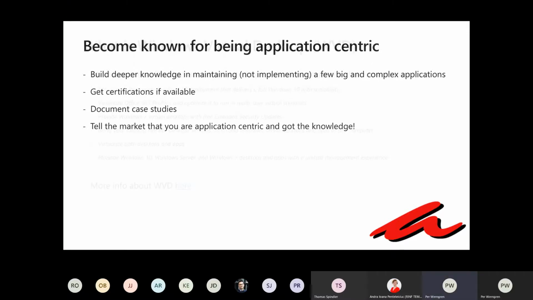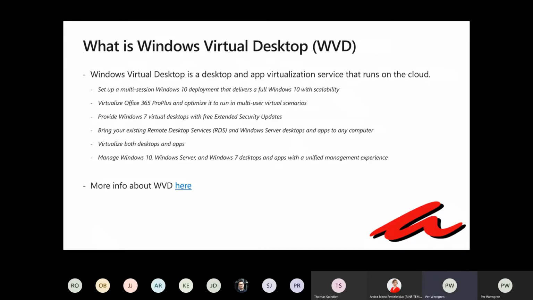Another thing that is right now nice margin is Windows Virtual Desktop. And Windows Virtual Desktop is, in a simple word, a PC in the cloud. It is a PC that is virtual and not physical.